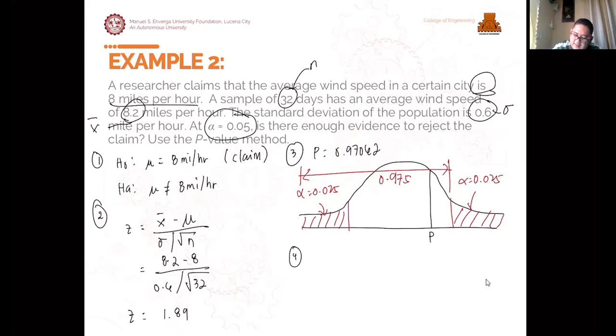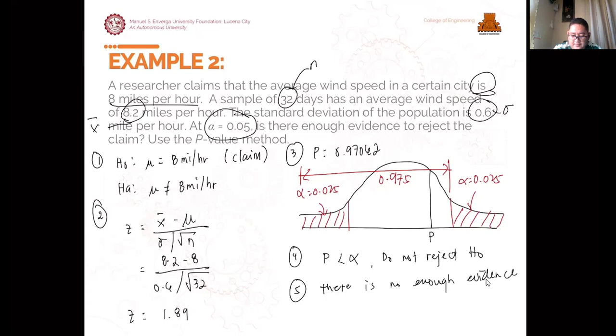Ano magiging ano natin? So, P is less than dun sa alpha natin. Therefore, do not reject yung null hypothesis natin. Okay? So, number 5 is there is no enough evidence to support our claim.